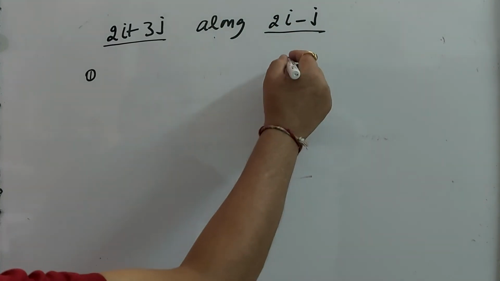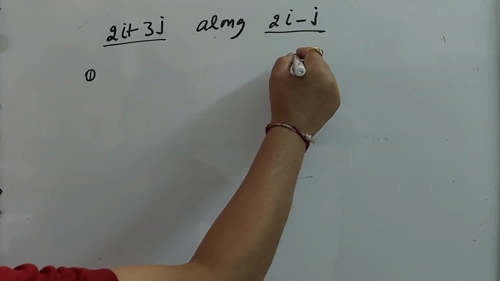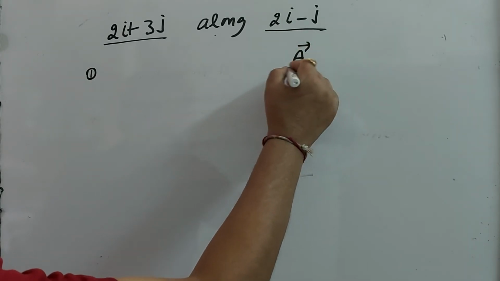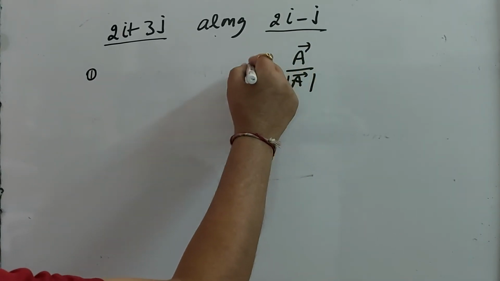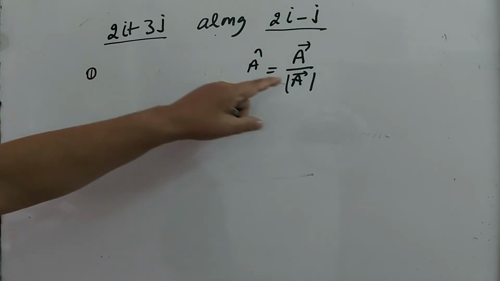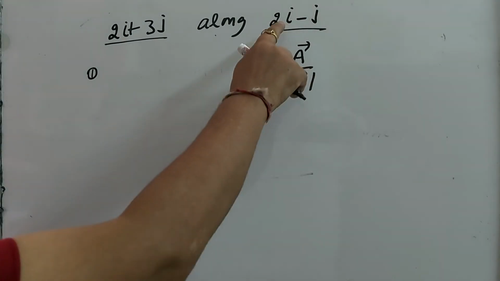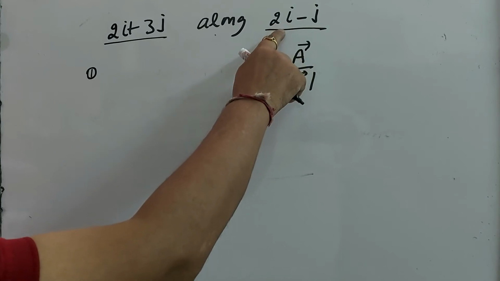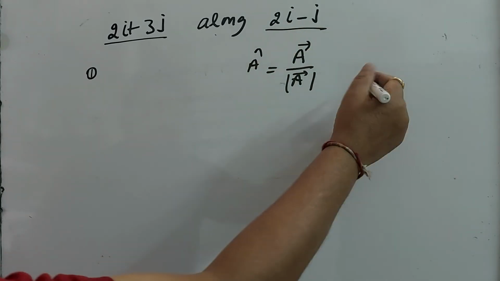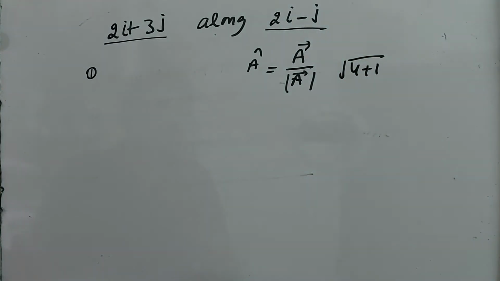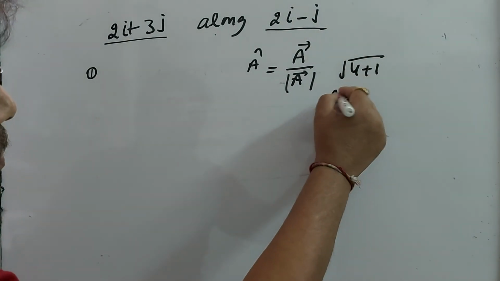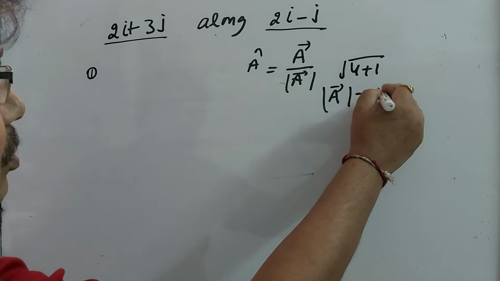As we know, the unit vector along this vector will be equal to the vector divided by its magnitude. The magnitude of this vector is equal to the square root of x square plus y square. This is the square root of 4 plus 1, so the magnitude is root 5.